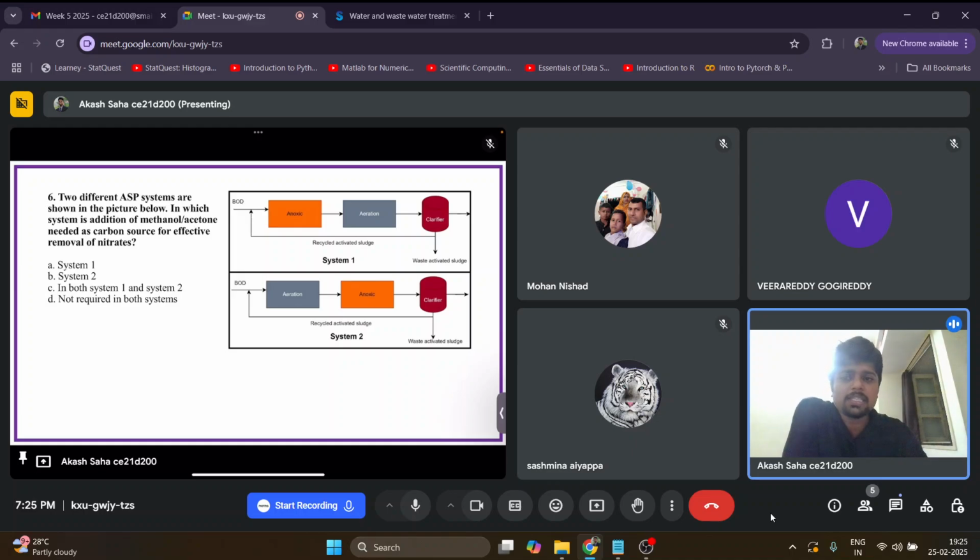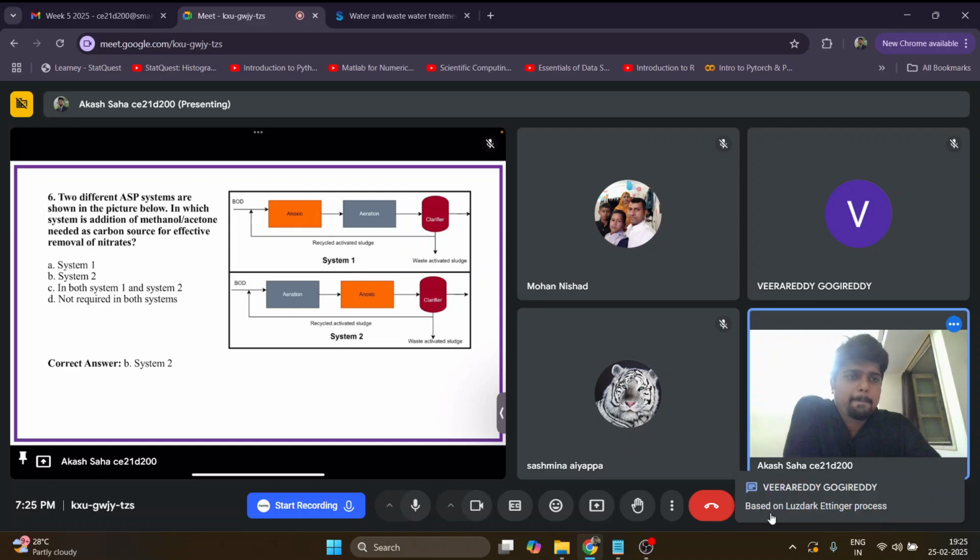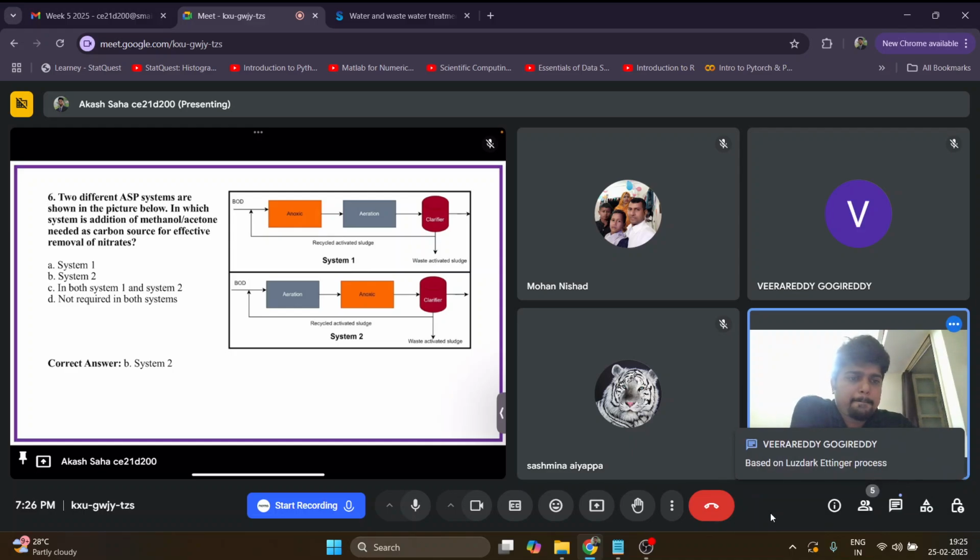So in this case, for denitrification, we don't have to additionally put any carbon source. Is it clear? So that's why only in system 2 we have to provide the additional carbon. Is it clear? Please tell me. Yeah, that is true.